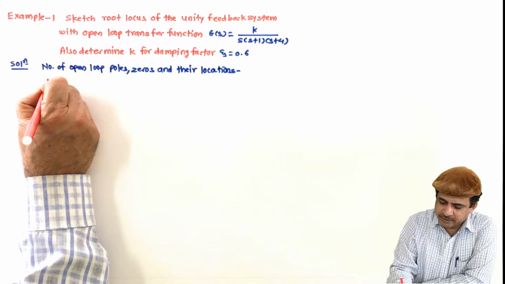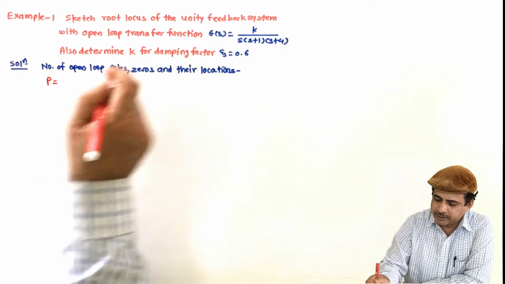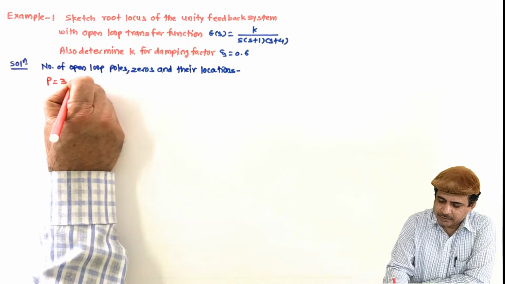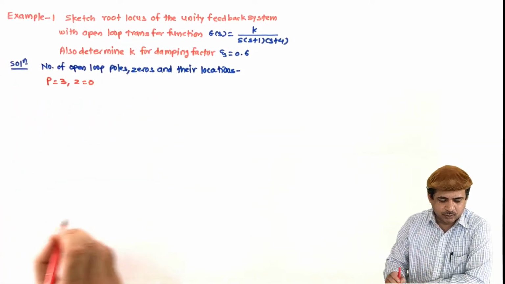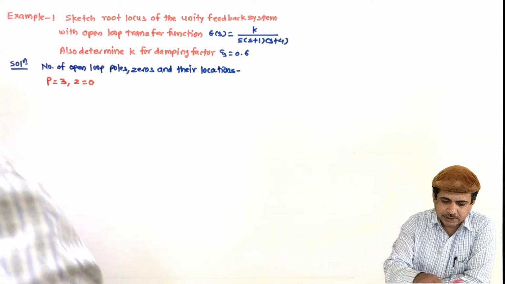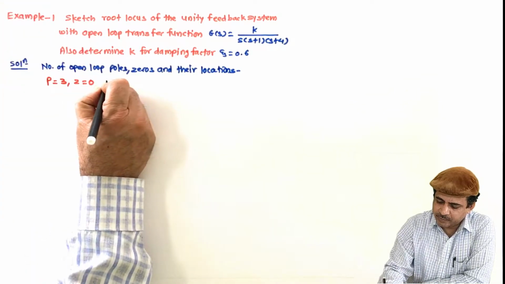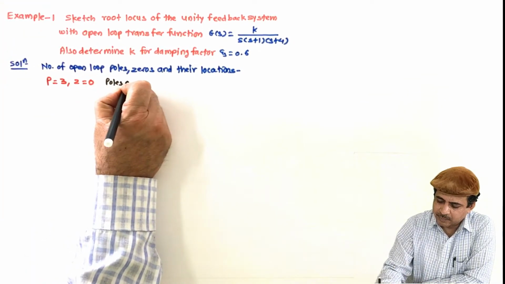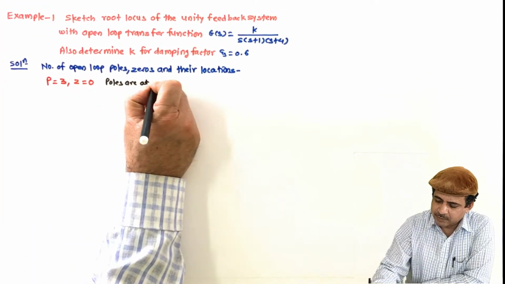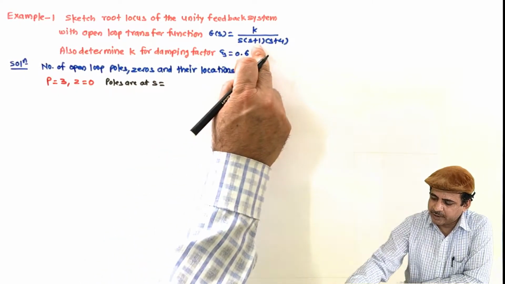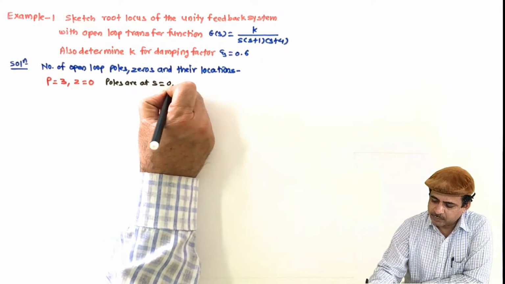So we know that P is equal to 3, Z is equal to 0, there is no zero. And the poles are at s equal to 0, minus 1, minus 4.